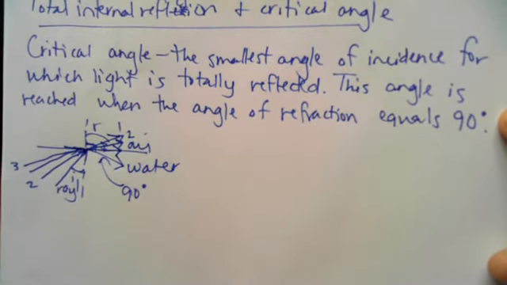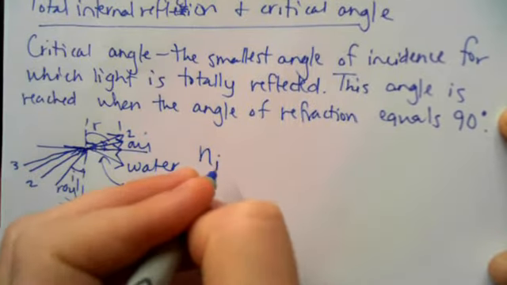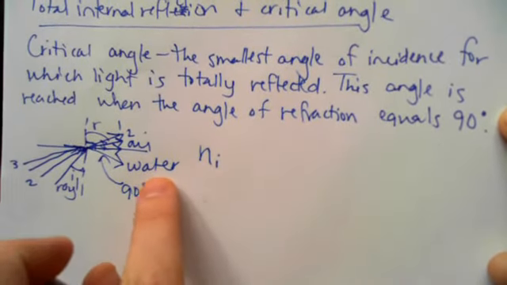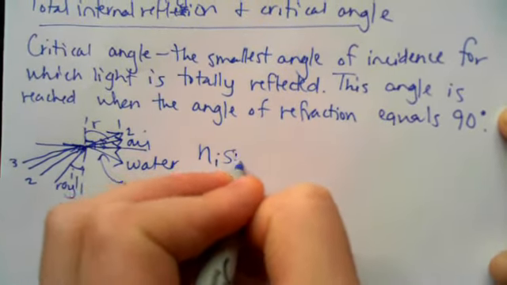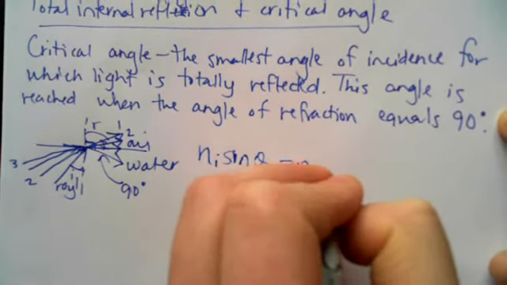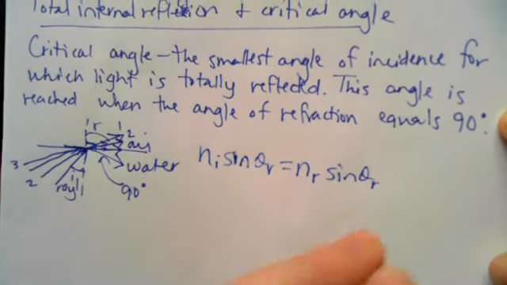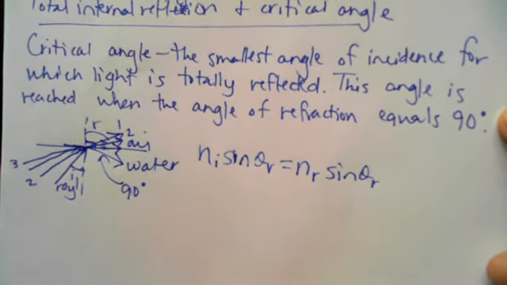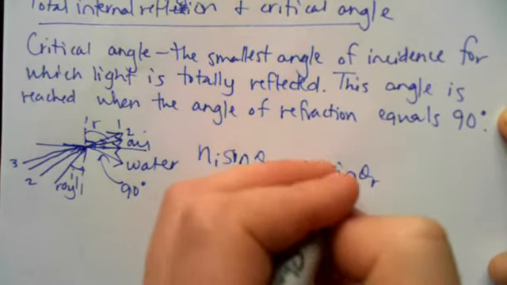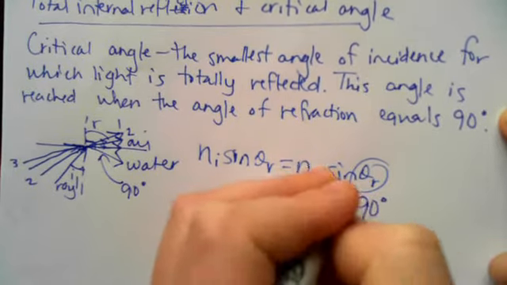So if we look at our incidence, in this case it would be water, times the sine of our incidence angle is equal to our refracted index of refraction times the sine of our refracted angle. If this becomes 90 degrees, sine of 90 is equal to 1.